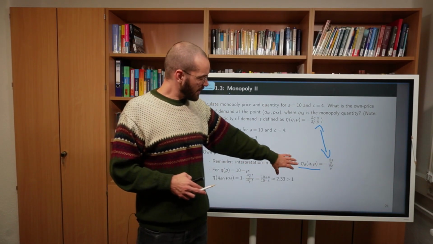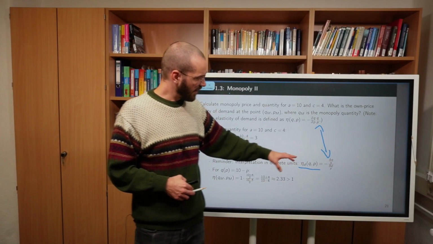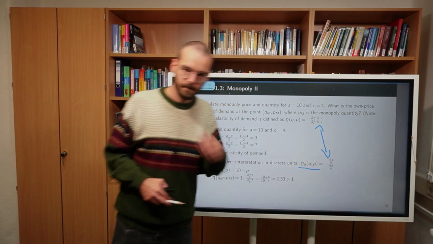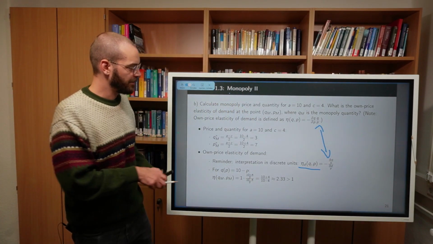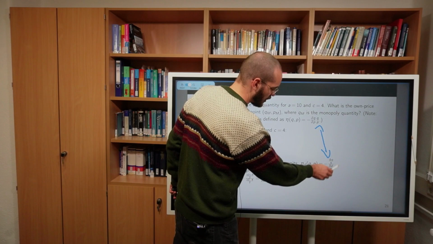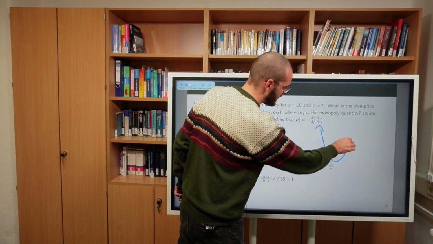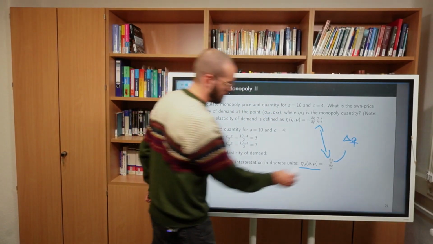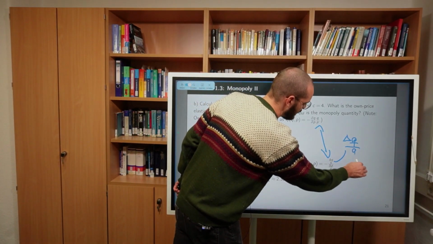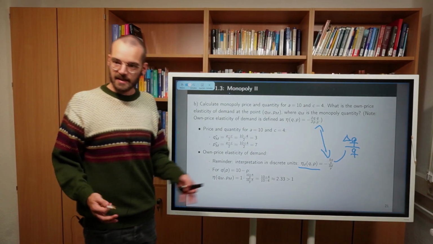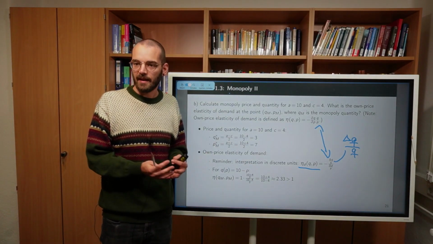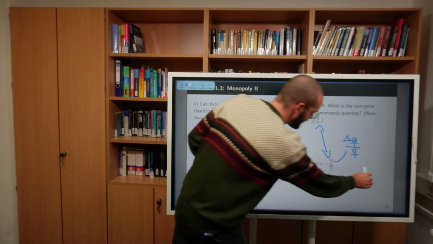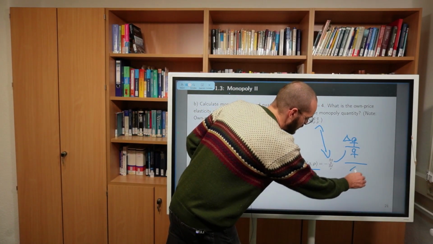We can see that the own price elasticity is defined as, looking at the numerator, a relative change in quantity. So what we have here is a change in quantity, delta Q, divided by the level of quantity, which is conceptually nothing else but a relative change of quantity. And this all is divided by a change in price.